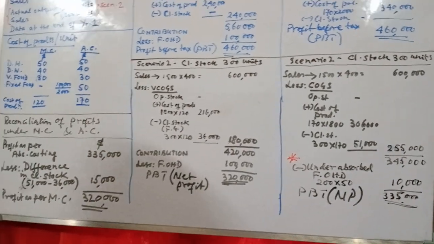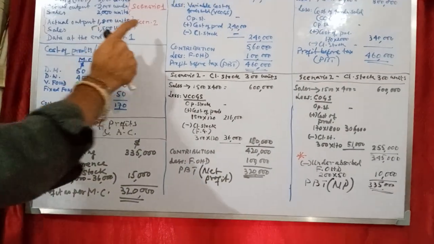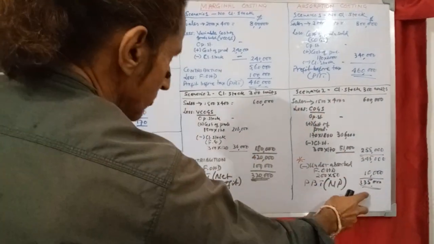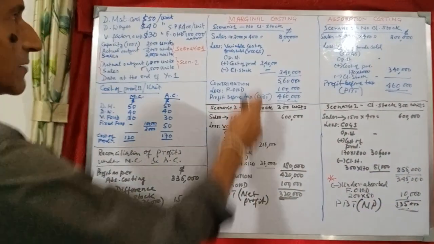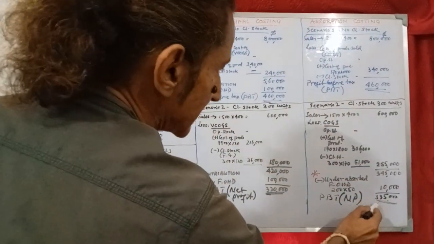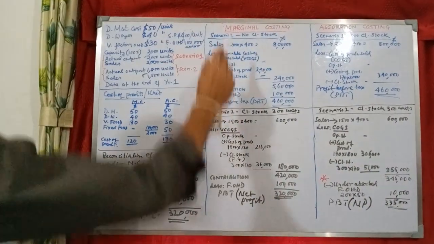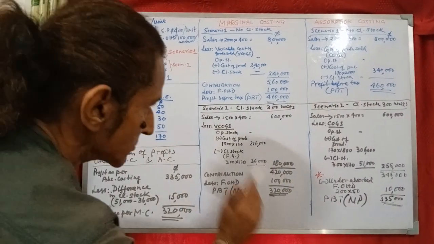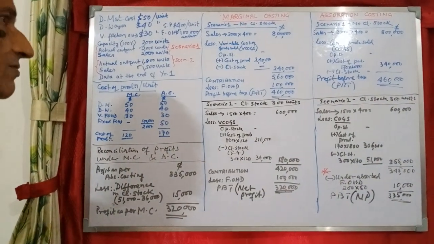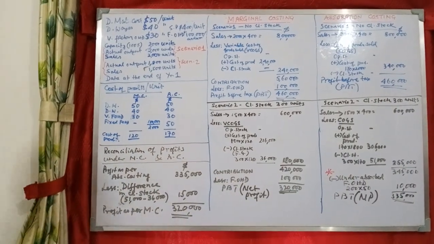So we see, as there is closing stock in scenario 2, profit under absorption costing differs from profit under marginal costing. Profit under absorption costing is 335,000 and profit under marginal costing is 320,000 because of closing stock and valuation of closing stock.